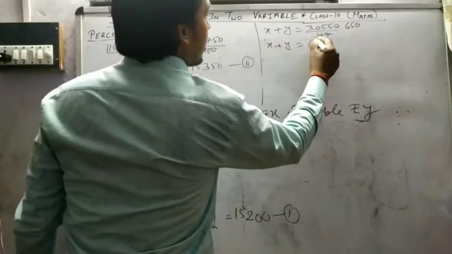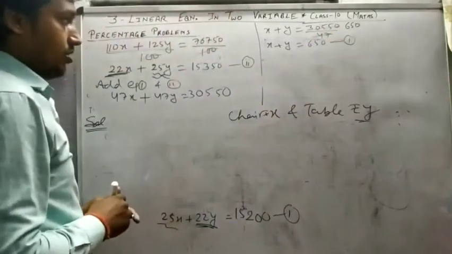X plus y is equal to 650, equation third.